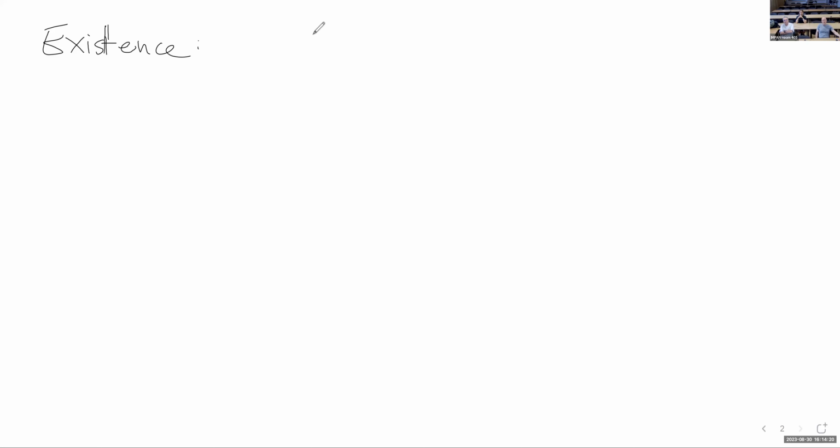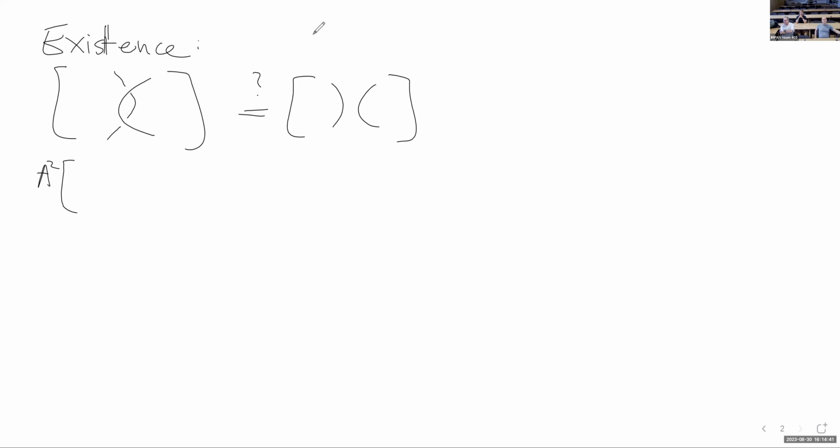Well, let's look at the second Reidemeister move, for example. So we want to check if this bracket is equal to this bracket. And what's that? Well, you can write it down as a square, and we'll do the 2 A smoothings, or positive smoothings.